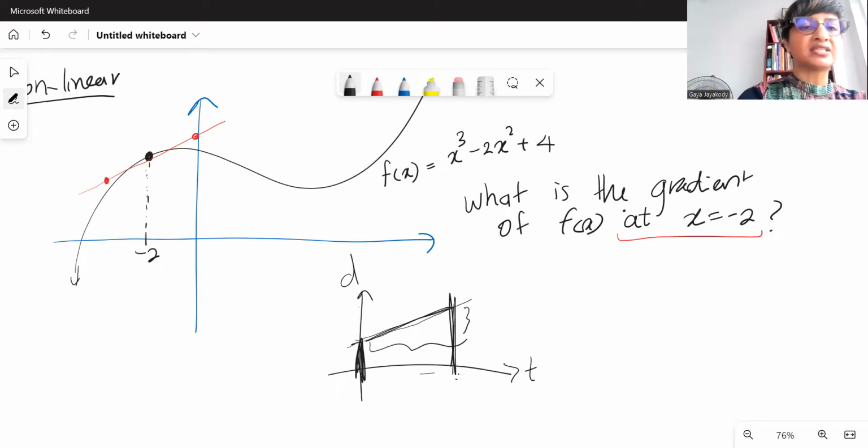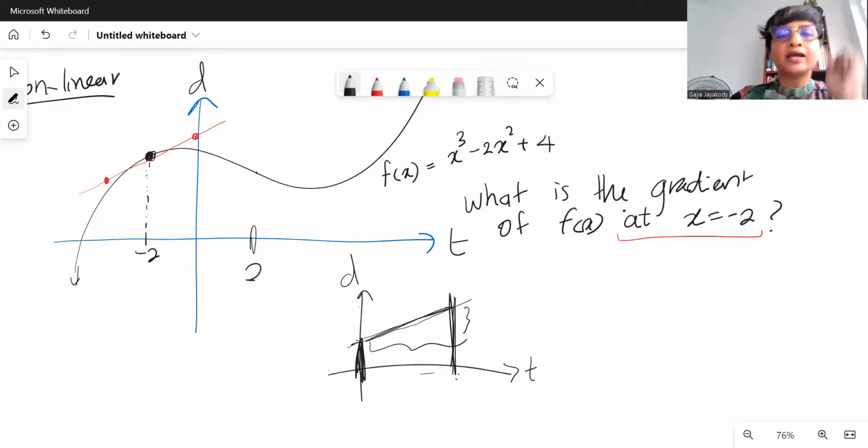Suppose this is a distance time graph. What is the speed at each point? Speed is the gradient of this graph, but because the gradient is changing, how do we find it at one point?